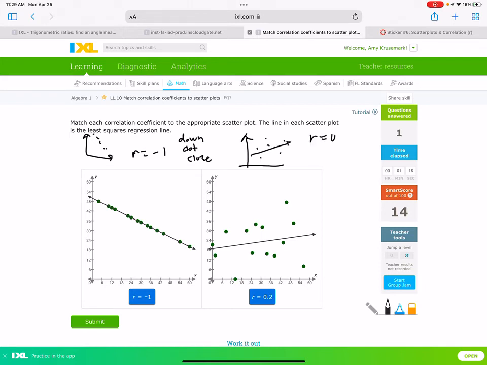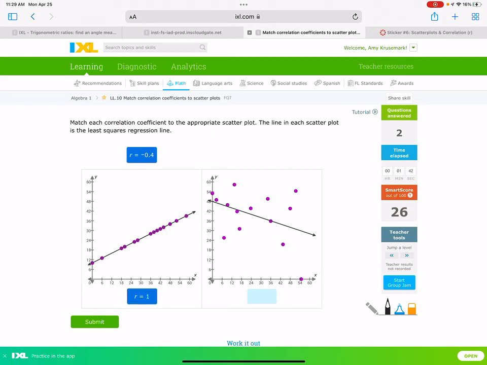Here I have r of 0.2. It's going up and the dots are spread out. Even more spread out than last time, because last time we had 0.3. So the less they're spread out, the closer to 1 or -1.